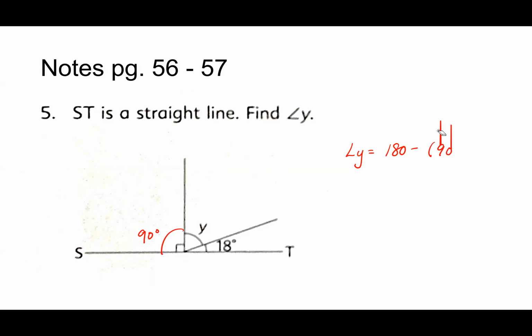So you subtracted 90 plus 18 from 180. Okay, awesome job. Let me just do this real quick. 180 minus 108, and you got 72 degrees. Nice job.